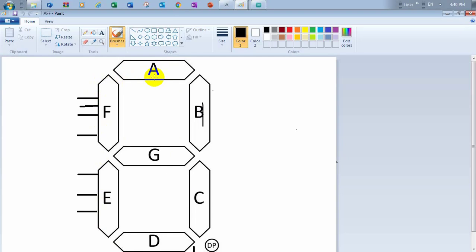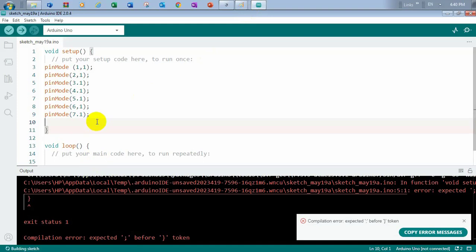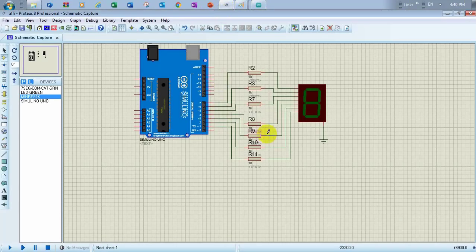For now we are going to do a test with this programming. Here we are going to write the program so that all these segments light up.